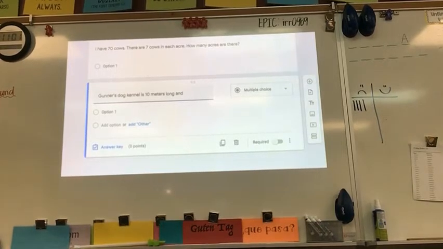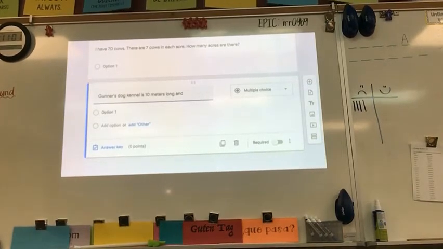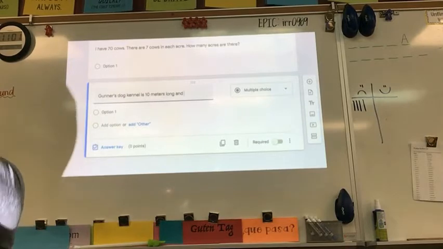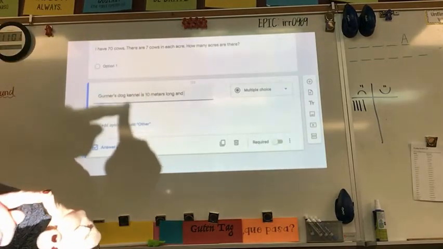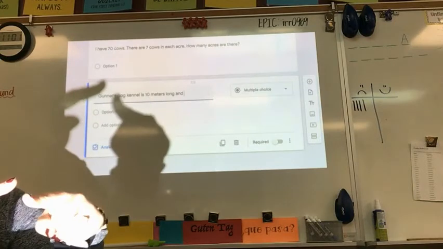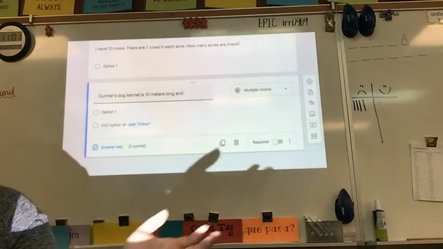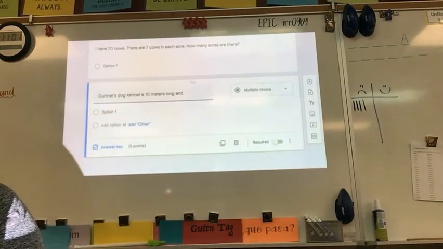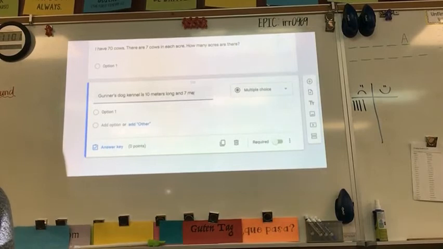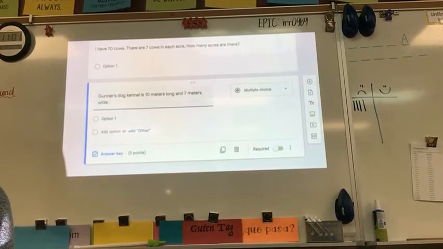If it's 10 meters long, how wide? If you're thinking, we're talking about your kennel floor. 10 meters long and how many meters wide? 7 meters wide.